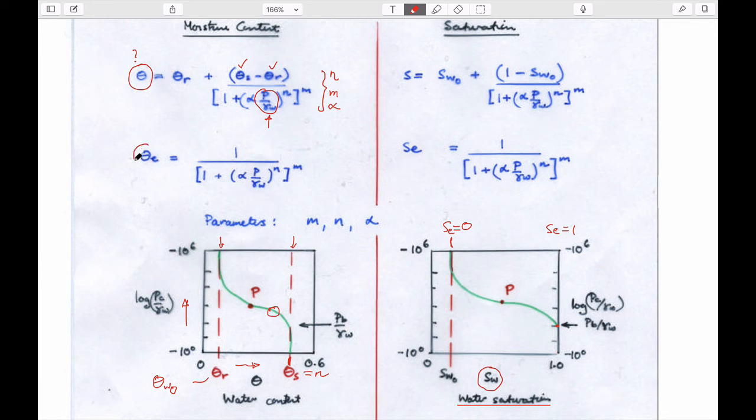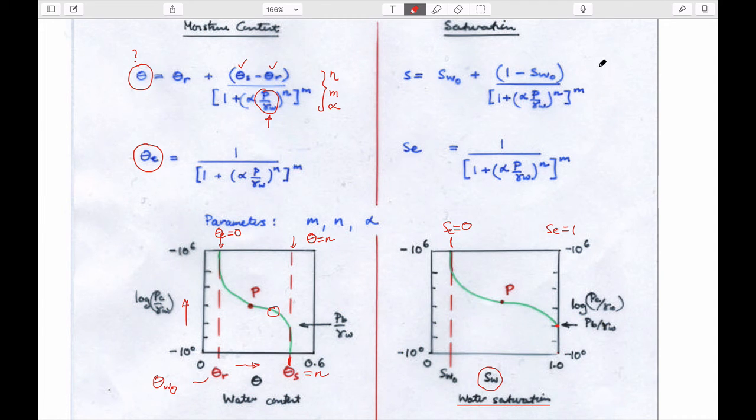Or we could define an effective moisture content, where this value here is equal to 0, and this value here is equal to porosity. So just using two different scaling values, nothing more than that. If we wanted to do it in saturation, we could do it the same way. They're just between these limits of the irreducible saturation of water and where it's fully saturated with water.